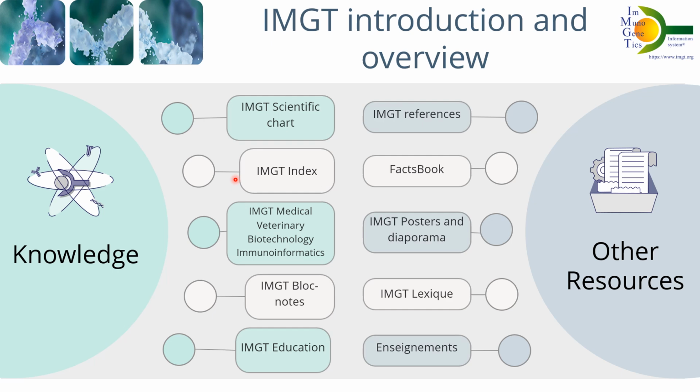We see the IMGT index that provides an alphabetical list of the most important terms along with their definitions used within IMGT. The biotechnology as well as medical and veterinary pages provide relevant information for the antibody engineering field, whereas the IMGT references is the section that includes the whole list of IMGT scientific publications as well as how to cite the different IMGT resources.